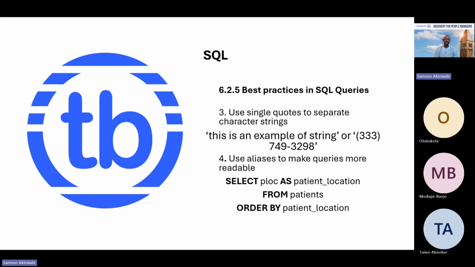So we can change that column name, and to change it is just to use the SQL statement called AS. So you go ahead and tell SQL to select that column name. For instance, in this example, the column name of a particular table is PLOC. That does not really mean anything to an average mind. Block or PLOC or what exactly, what does that mean?